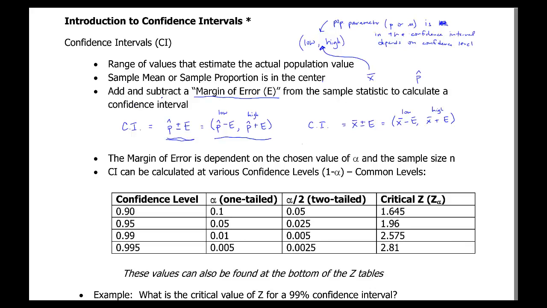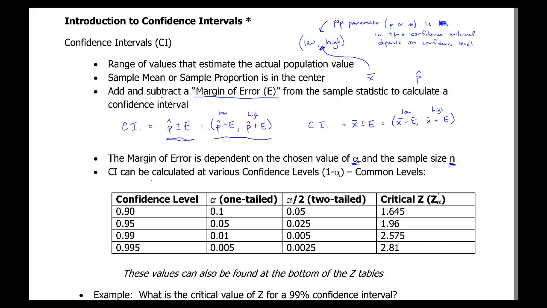The margin of error, when you go to calculate that, you need to use a certain confidence level, and that's going to depend on the value of alpha that you choose. And it'll also include the sample size. So remember, the bigger your sample size, the more confident you can be.